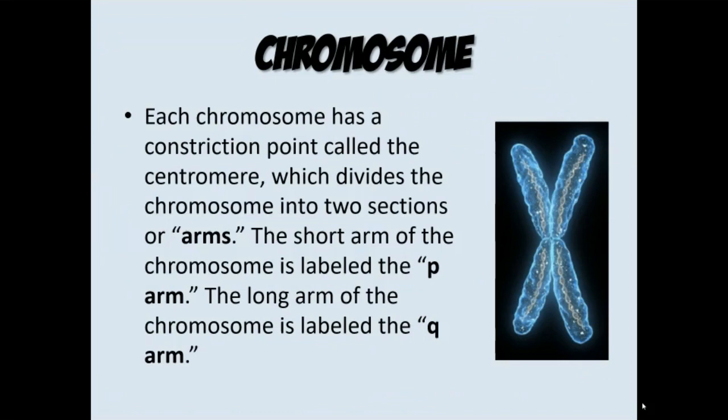The short arm of the chromosome is labeled the P arm. The long arm of the chromosome is labeled the Q arm. The location of the centromere on each chromosome gives the chromosome its characteristic shape and can be used to help describe the location of specific genes.